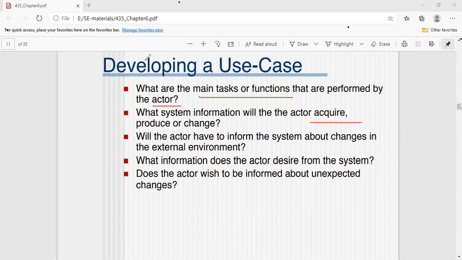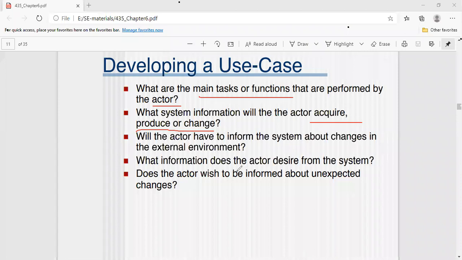So what is the system information within the hands of an actor? Will the actor have to inform the system about changes in the external environment if we want to perform any kind of changes? Will he have the permission or need to inform or not?